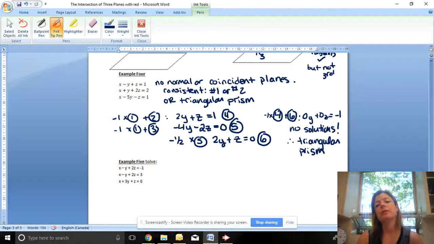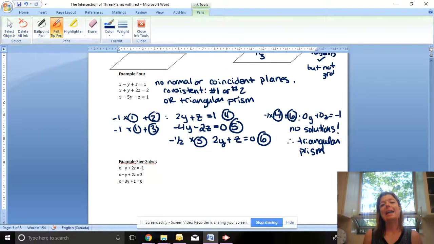Just to be really clear with you guys, if you have found that there are no parallel or coincident planes, there's only 3 different options for you: point of intersection, line of intersection, or triangular prism. So basically your strategy is that you go through and try to assume there's a point of intersection and try to solve for it. Either you'll be able to go all the way through and find the point, great, that's the point of intersection, or you'll hit a snag along the way.